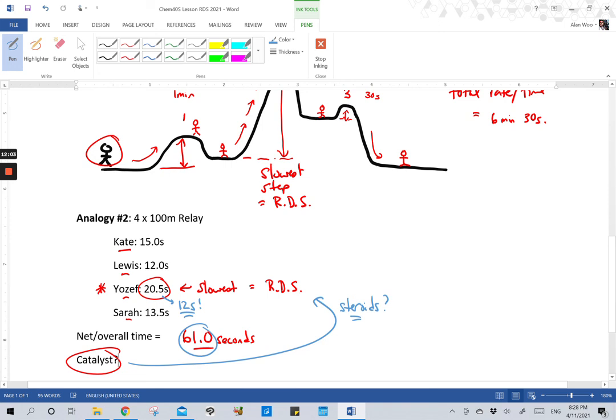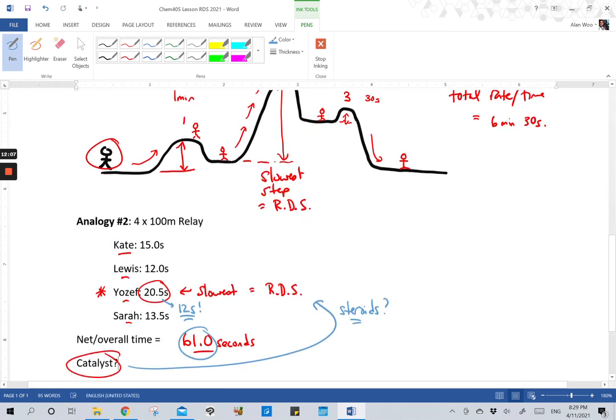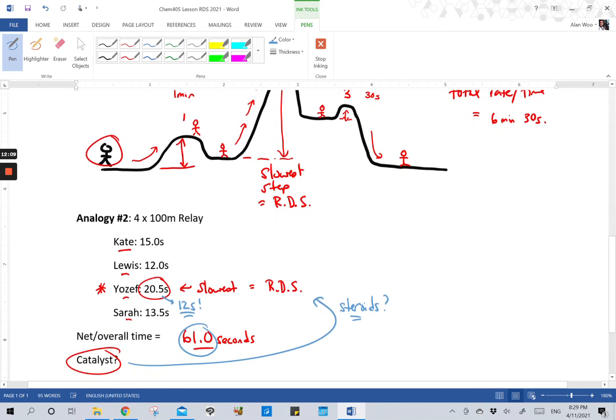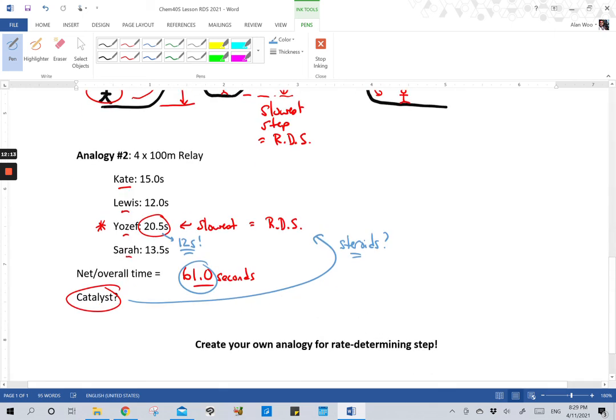So these two analogies are decent analogies that we can use to explain rates of reactions. Now, I want you to create your own analogy for rate determining step. I don't want you to use the two analogies that I've given you today.